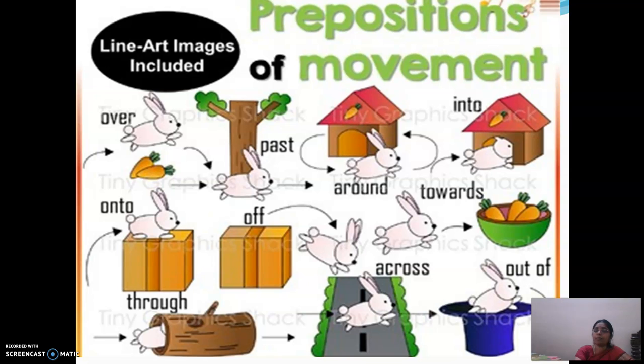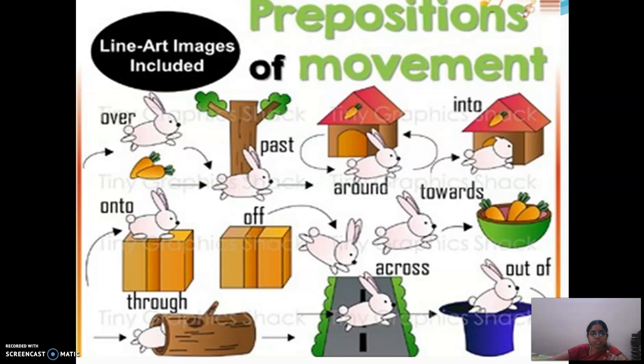Here is a beautiful picture which represents the prepositions of movement using arrows. Just observe the arrows and you will understand. First, one rabbit and two carrots: the rabbit jumps over the carrot.